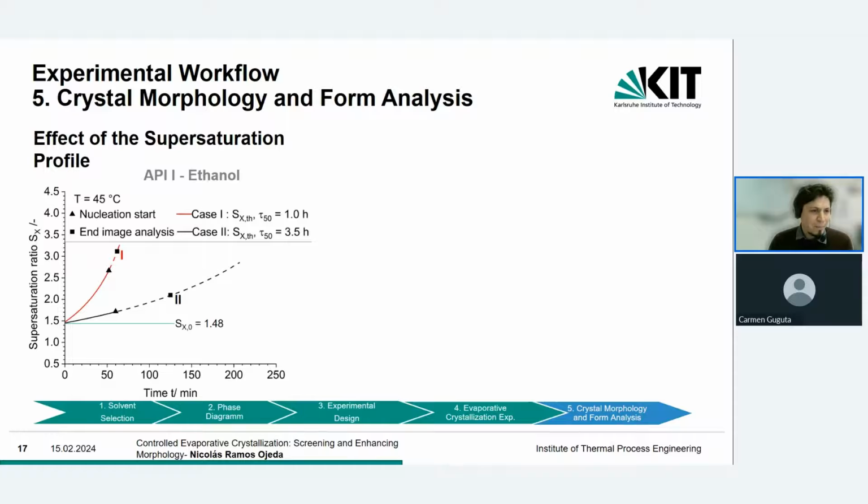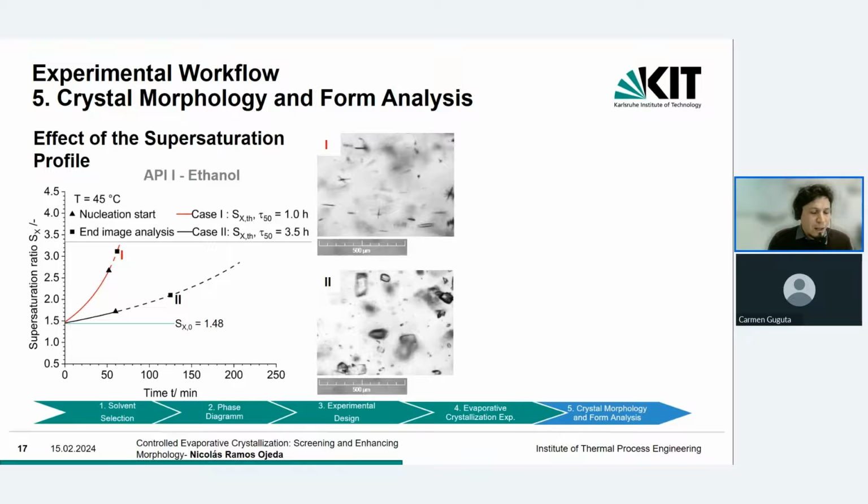And now we arrive at the more interesting part of this presentation, that is the impact of the factors that we selected on the crystal morphology. In this first slide is the effect of the supersaturation profile. Here is the supersaturation over the time, the fast evaporation, the slow evaporation, and how the crystal looks.